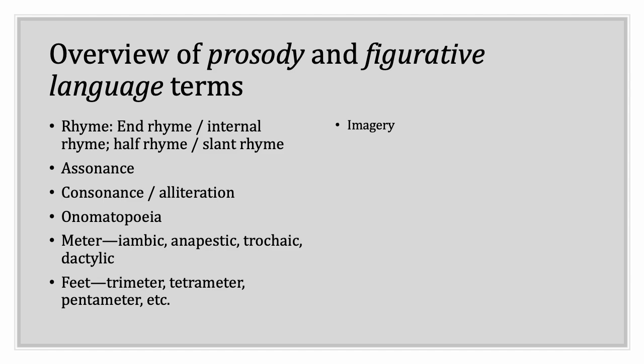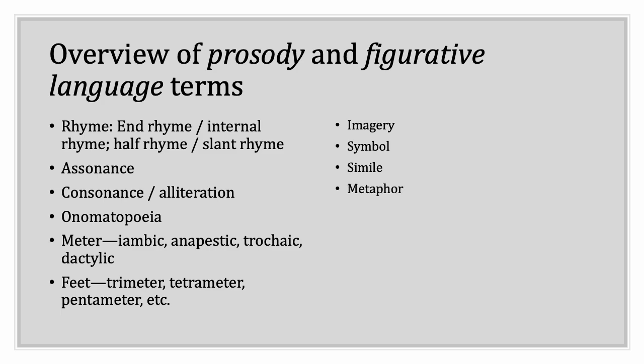When it comes to what happens inside of our brain, we have imagery. If an image stands for something that everybody understands, it is a symbol. If there is a comparison with like or as, your eyes are like two blue limpid pools, that is a simile.